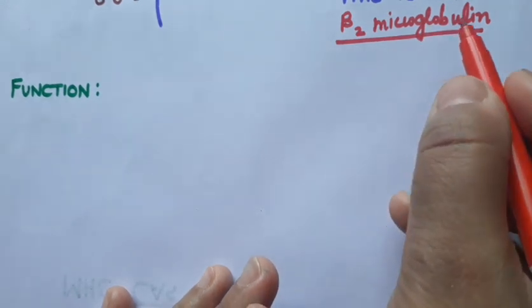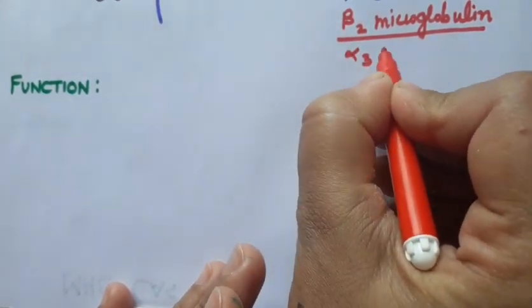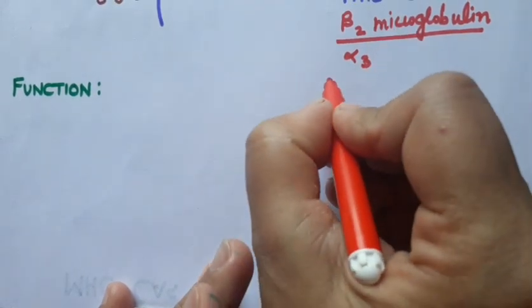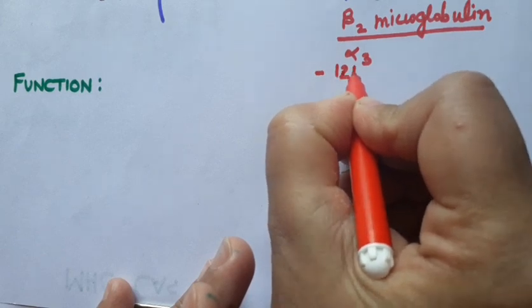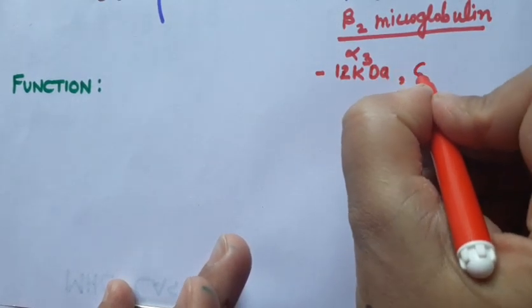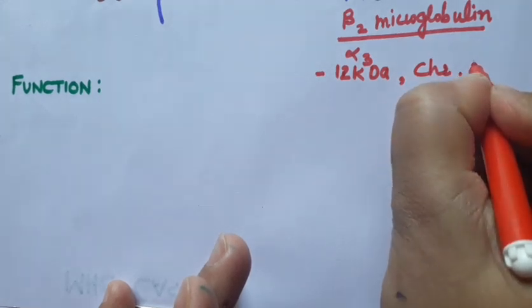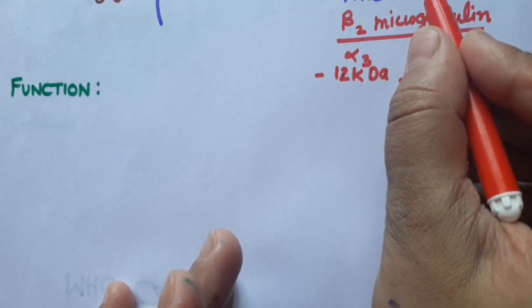Similarly, beta 2 microglobulin corresponds to alpha 3. Its molecular weight is about 12 kilodalton, and it is encoded on chromosome number 15. So it is not synthesized in the MHC.